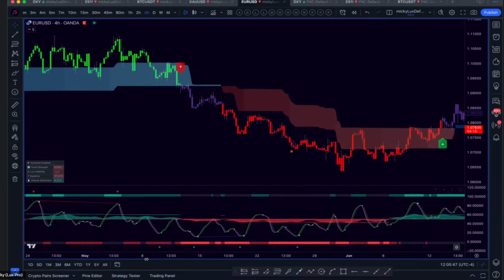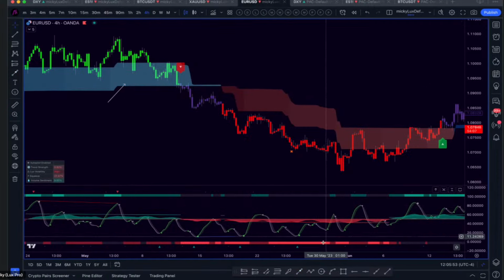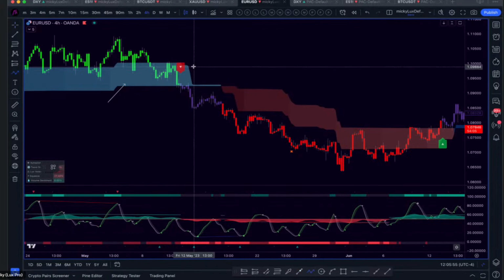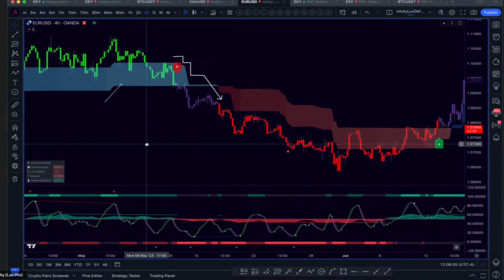Let's go here. We have Neo Cloud stair stepping up, right? Stair stepping up. But guess what? We have a clue. Boom, boom. There you go.